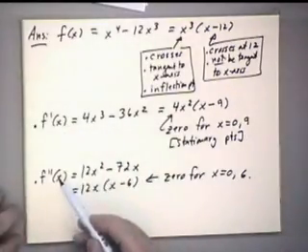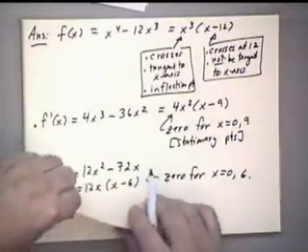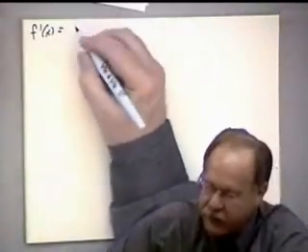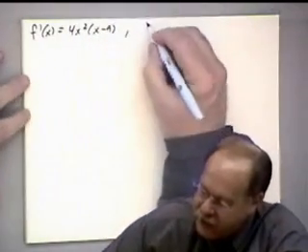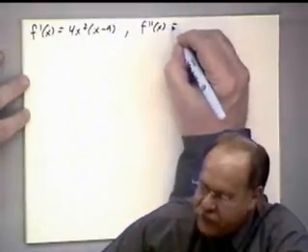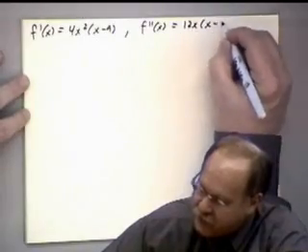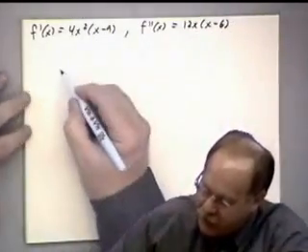Okay, I have the first two derivatives, and now I can go ahead and create the chart as I always do. So let me rewrite those derivatives here. 4x squared times x minus 9, and the second derivative, 12x times x minus 6.